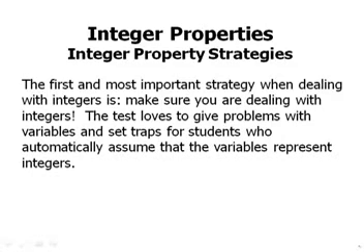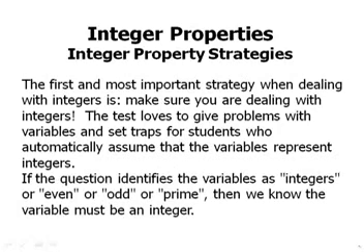So yes, you know a lot about integer properties, but don't go automatically applying all these properties if you're not guaranteed that the variables or the numbers in the problem are in fact integers. If the question identifies the variables as integer, they say explicitly x and y are integers, or if they use the words even, odd, prime, then yes, we do know that the variables are integers, but there has to be some kind of explicit statement.